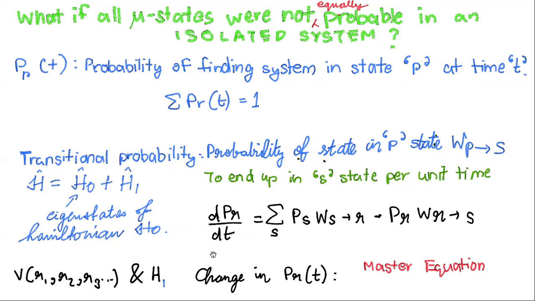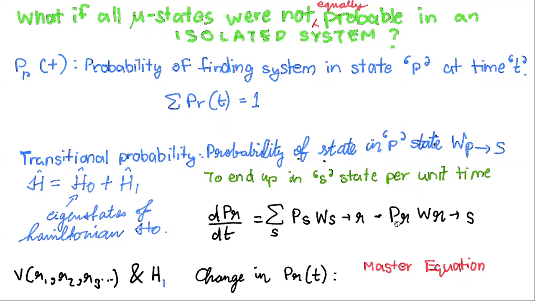However, dP_R/dt could be 0 when the individual terms under the summation have a finite value. Then each of them is non-zero, but the sum of all these terms is equal to 0, and then the system is in steady state. There's a net current from one microstate to the other because each of the individual terms is non-zero.